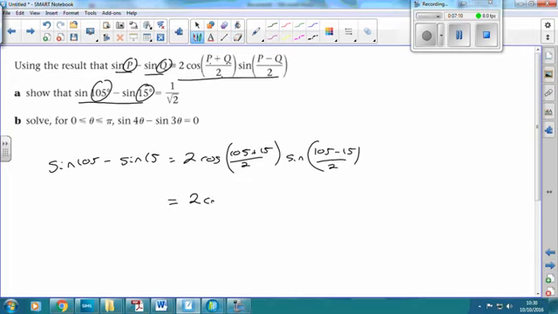It's going to be 2 cos 60 sine, now 105 take away 15 is going to be 90, divided by 2 is 45.